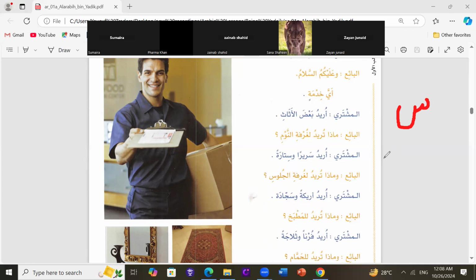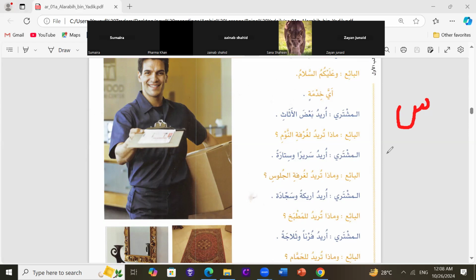In the very near future, if I want to say a sentence, I add seen before the present tense verb. Like uridu, turidu, I add seen: Sa uridu means I'm gonna do this, I will want this and that.